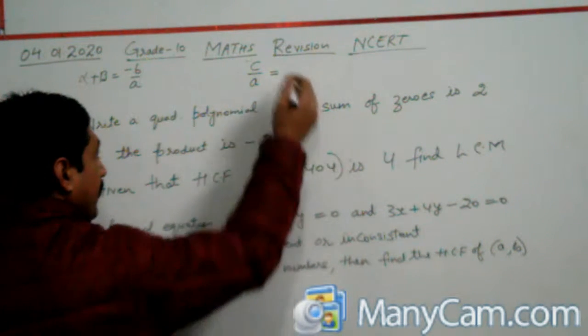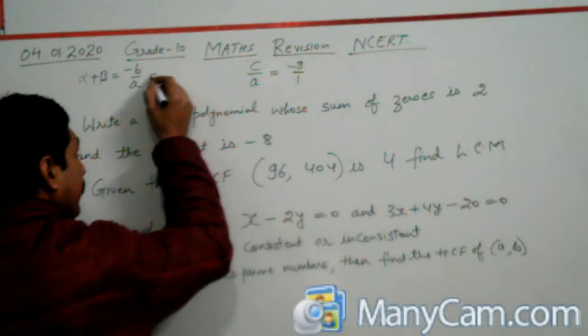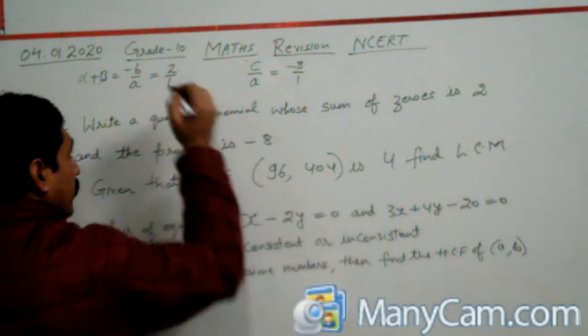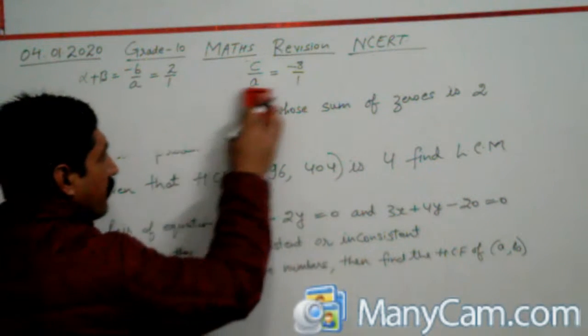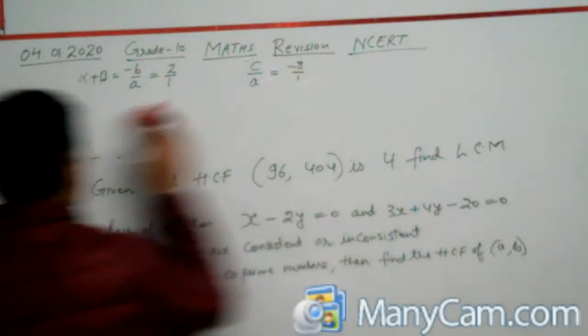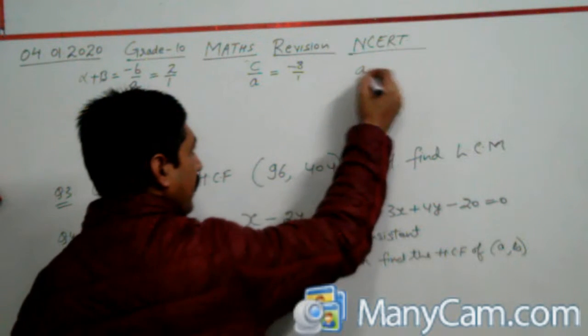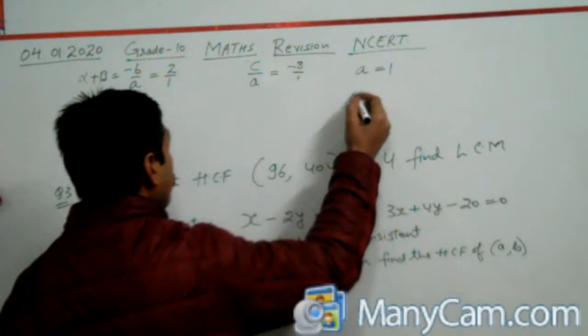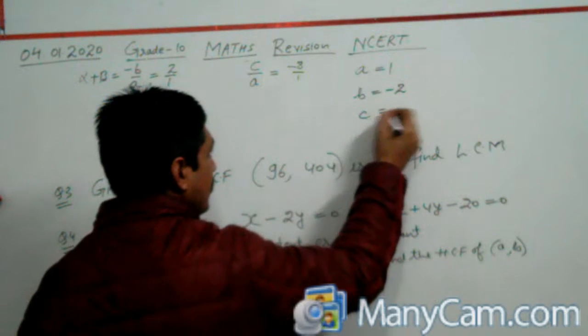Here it is given as minus 8 upon 1 and 2 upon 1. So the value of a is 1, b is minus 2, and c is minus 8.